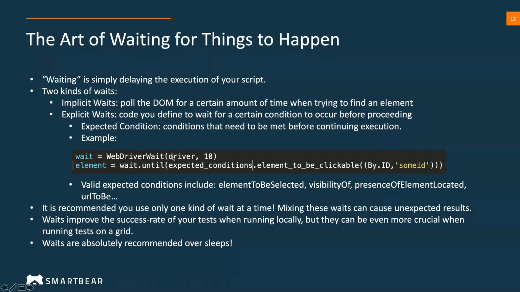I've handed it my driver, and I've given it the number 10. That 10 represents the number of seconds I'm willing to wait for this condition to be evaluated. Then I'm going to start looking for an element, and I'll wait until this expected condition is true. So our condition here is for this ID to be clickable. So we're going to try and find that element, wait for it to be clickable, and at the longest, I'm going to wait 10 seconds for that to happen.